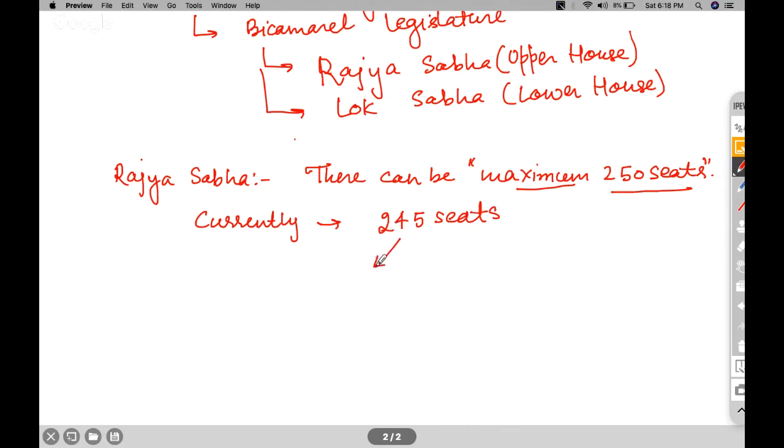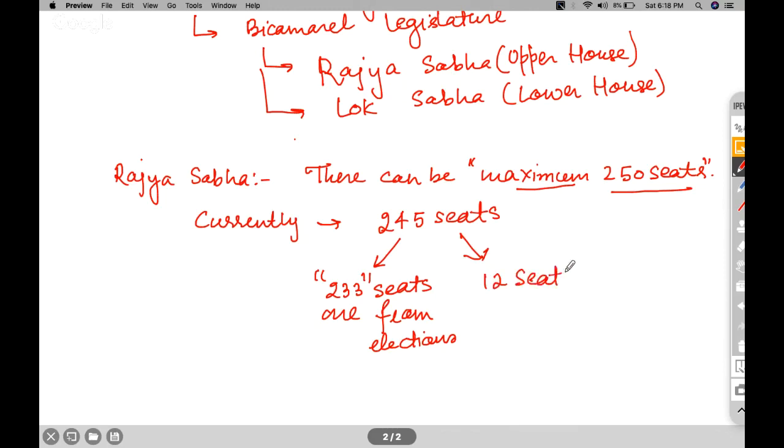Out of these 245 seats, 233 seats are from elections. Election happens for these 233 seats. So 12 seats are left out. What about these 12 seats? On these 12 seats, members are nominated by the President of India.